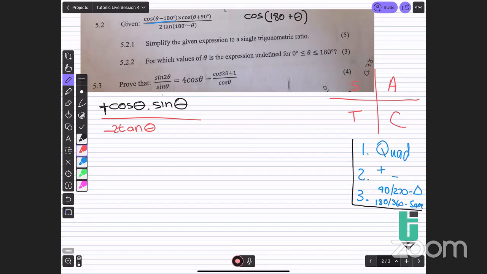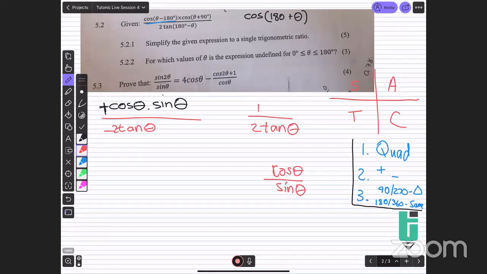I have an idea. Can we change the tan to sine over cos? Yeah. Do you agree this is just 1 over 2 tan, or half of 1 over tan, right? It's the same thing. And isn't 1 over tan just cos over sine, because tan is sine over cos? So 1 over tan is cos over sine.